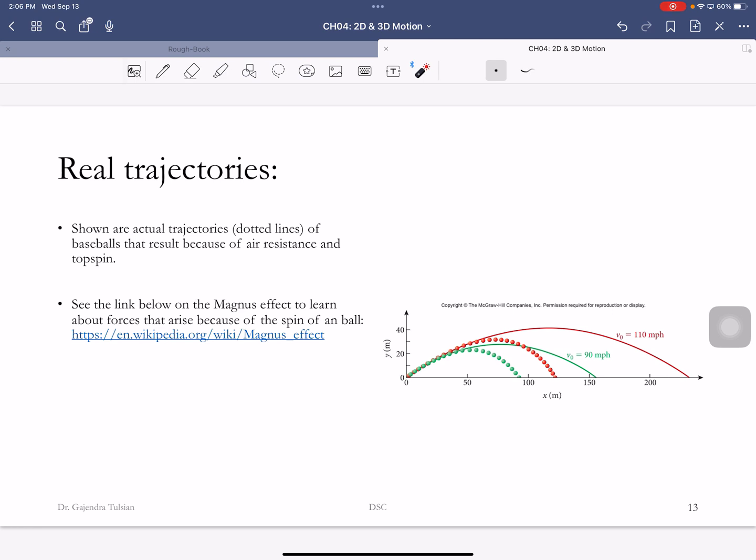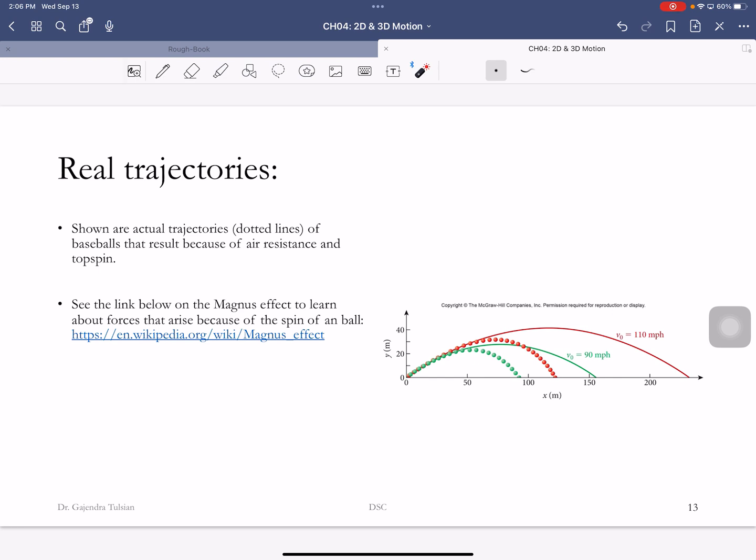So if a ball has spin, what happens? Why did it fall like that? So this thing fell faster. That means there must be a greater force than gravity acting in that direction.